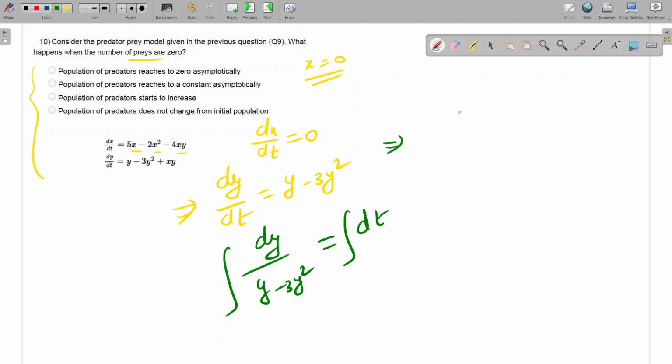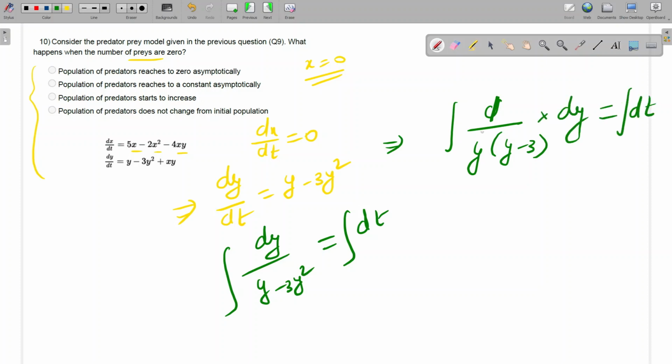So that will be 1 divided by y into (y minus 3) dy, which should be equal to the integral of dt. So this we can factorize as a by y plus b by (y minus 3), equal to 1 by (y minus 3). Okay.